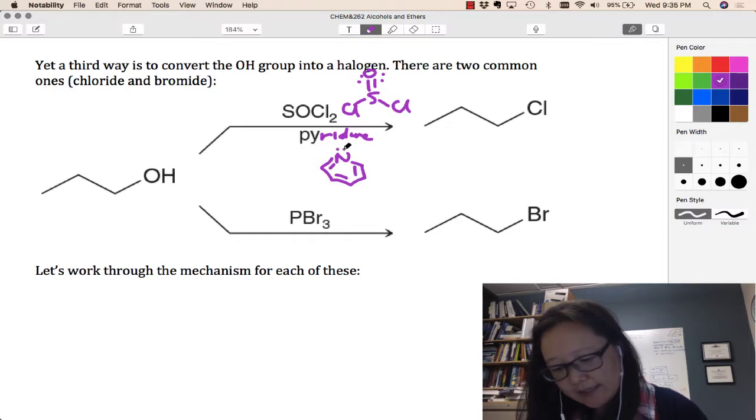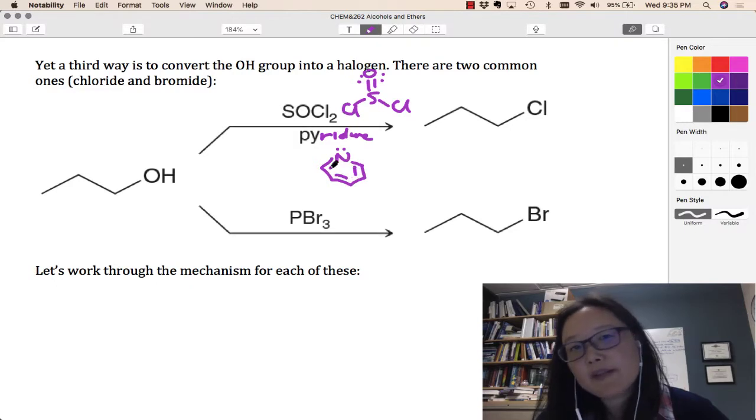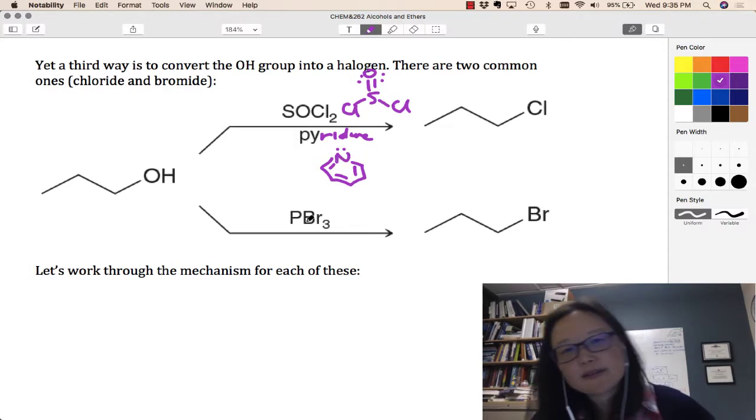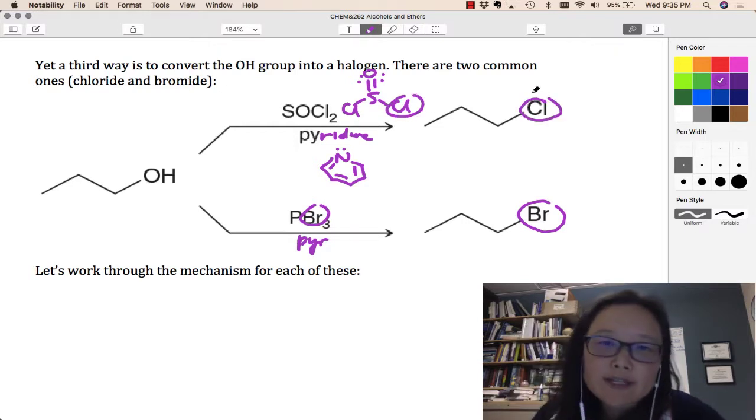So that's pyridine. And that's used as a base, but it's not nucleophilic because of the ring. So you don't want this to attack. You just want it to pick up hydrogens. Here, this is also done in pyridine, and this is PBr3, and what that does is it adds the bromine there. So those are the reagents we need for each of those.